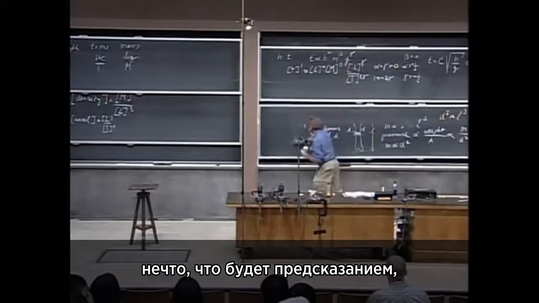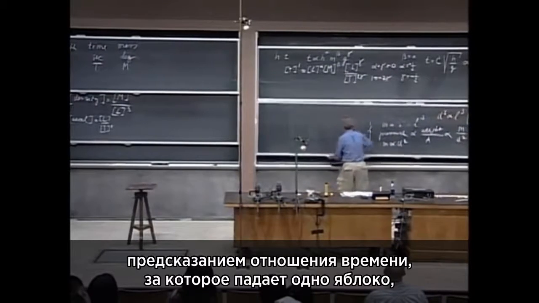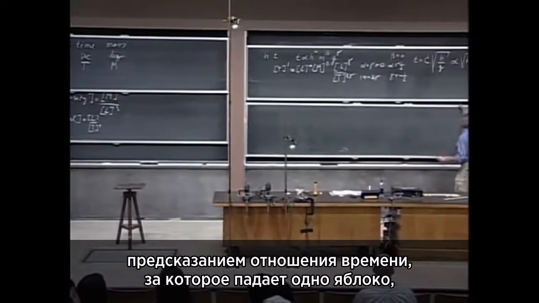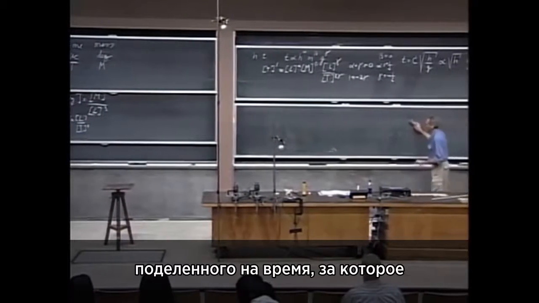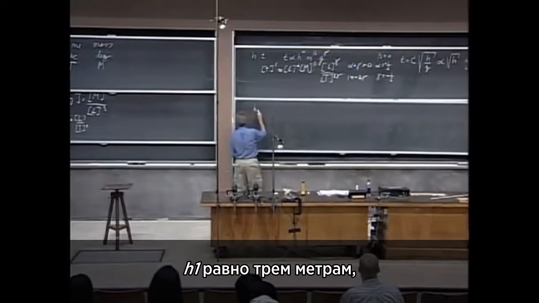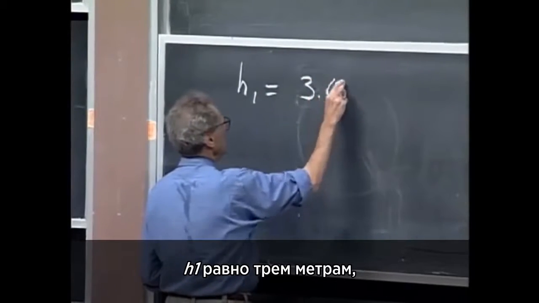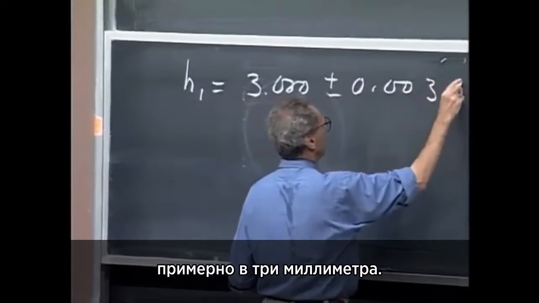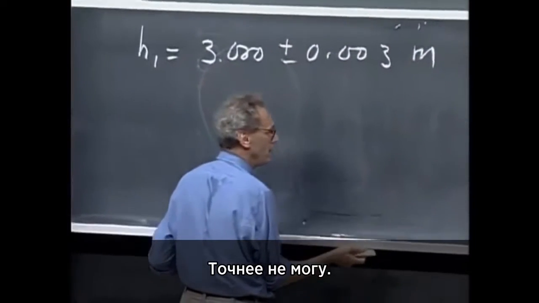I have here something that's going to be a prediction of the time that it takes for one apple to fall divided by the time that it takes for the other apple to fall. H1 is 3 meters, but I claim there is an uncertainty of about 3 millimeters. Can't do any better.